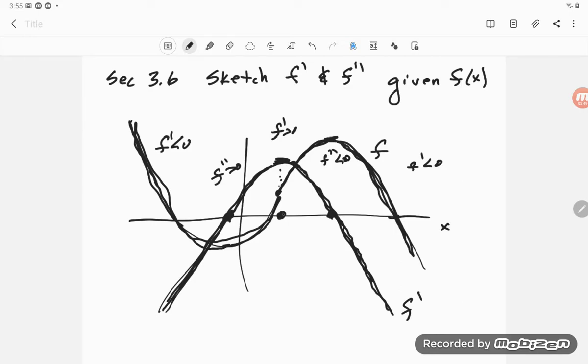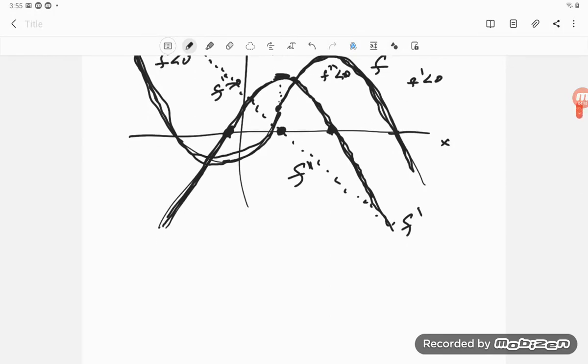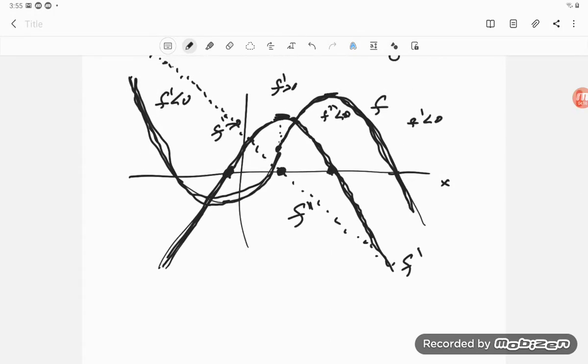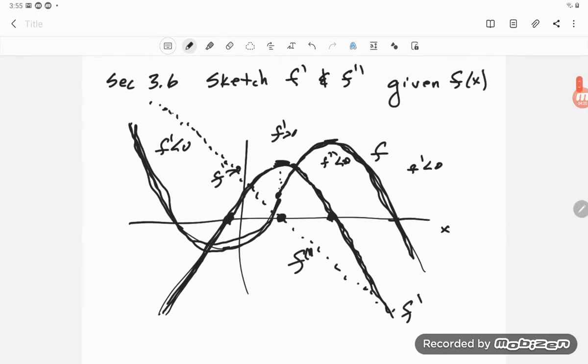And so positive and then negative, I'll use a dotted line. There is f double prime. Okay, positive there. Now, you could do all these below each other, or just mark them well. But there's f double prime.